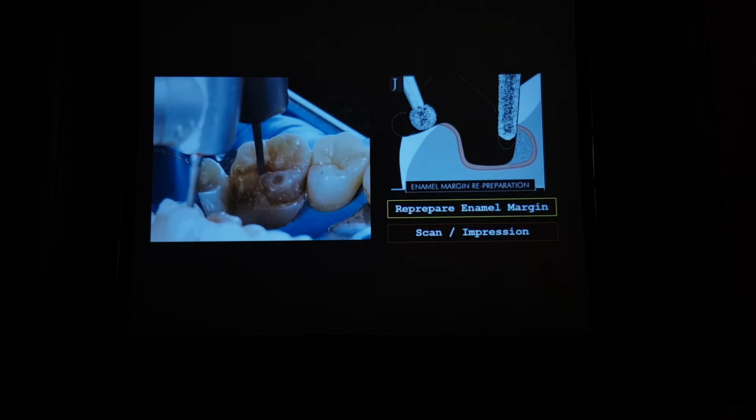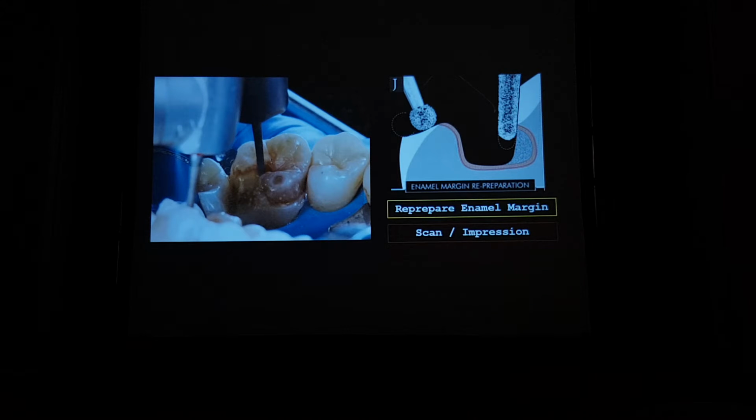We don't want to improve the dentin bonding but sacrifice the enamel bonding. So it's very important to re-prep the enamel margin, to reveal the enamel margin covered by the dentin adhesive agent. And the end is scanning and impression.